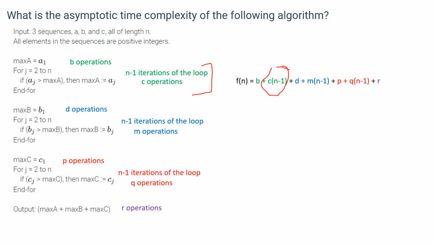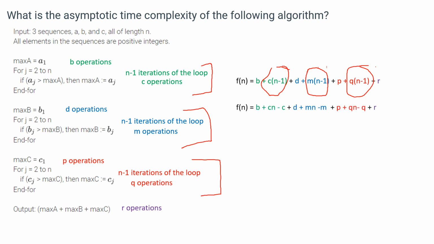So we've got the B plus C times n minus 1 plus a D, and then plus, here, that loop, M operations are being done n minus 1 times. So that's why we get that right there. And then plus P, and then again, Q being done n minus 1 times, so we get this. Plus R then. Okay, so you see how we come up with that.